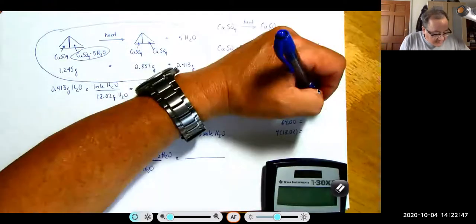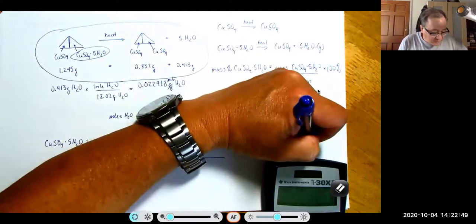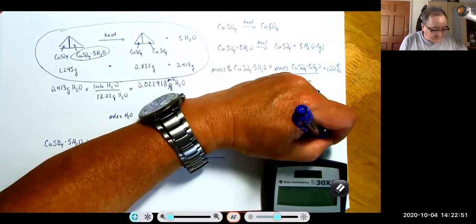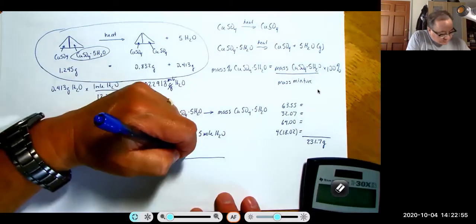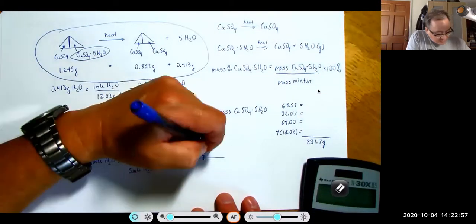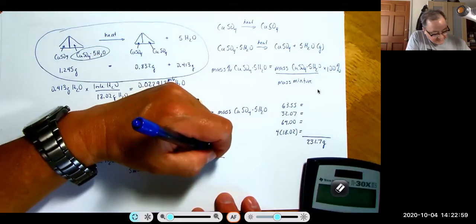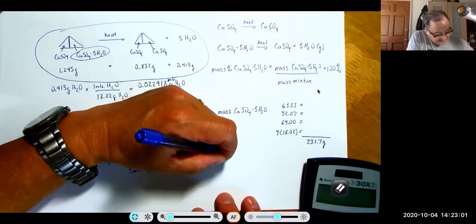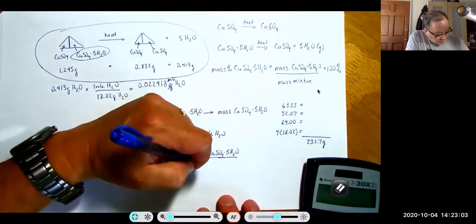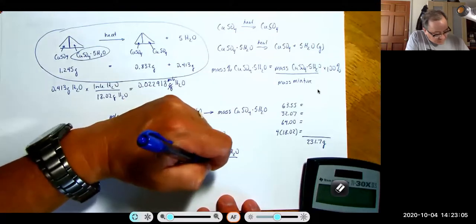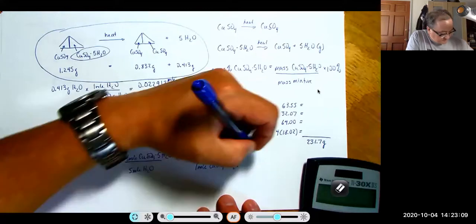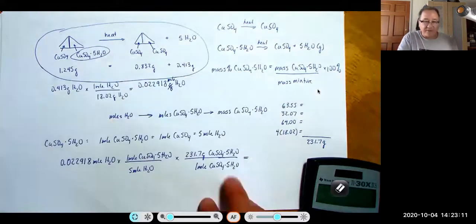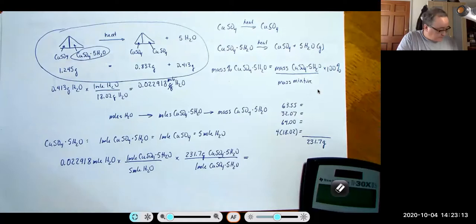So we add this all together and we get 231.7 grams. Okay, so I'm going to write 231.7 grams of copper(II) sulfate pentahydrate over 1 mole of copper(II) sulfate pentahydrate. And that'll give me the grams of the copper(II) sulfate pentahydrate.